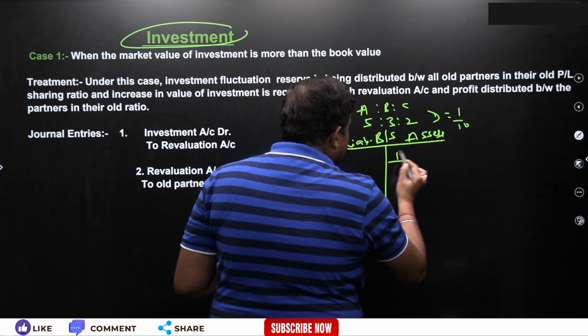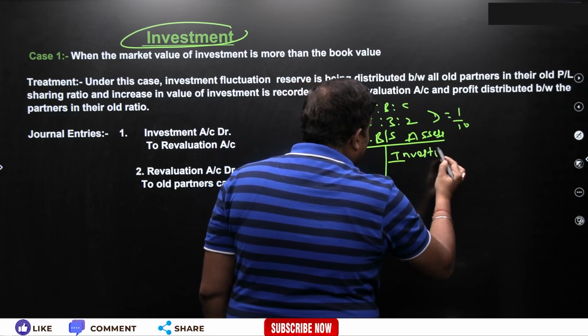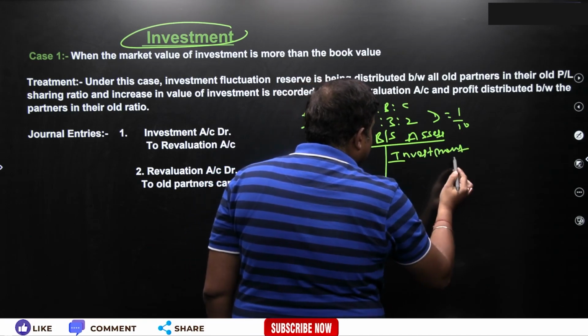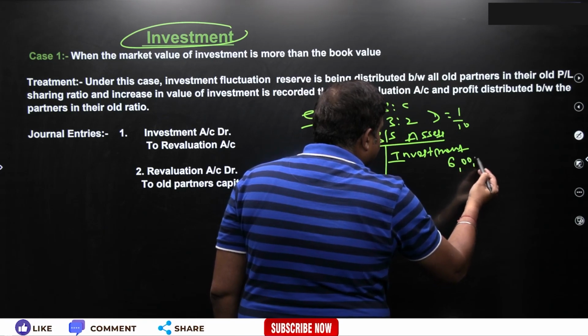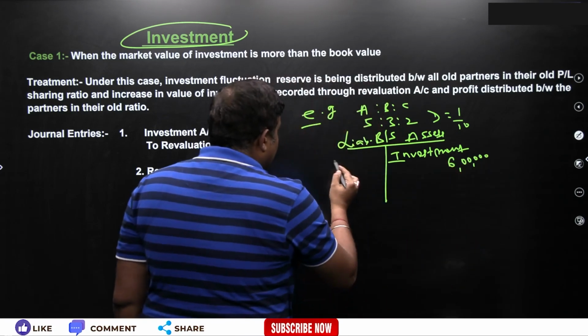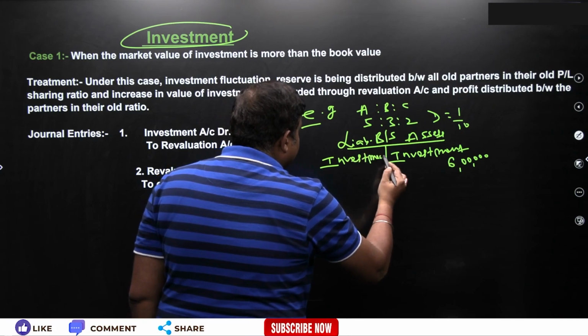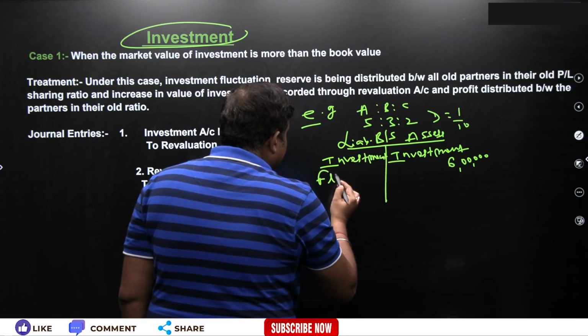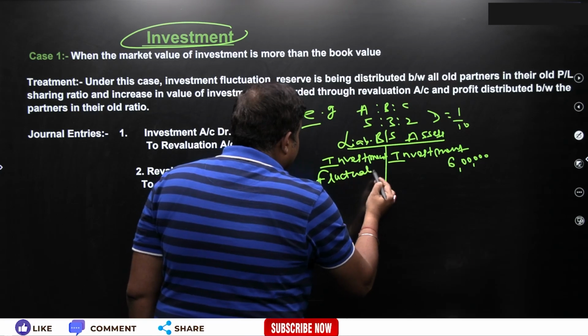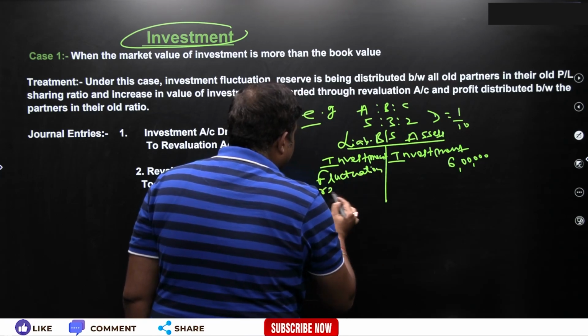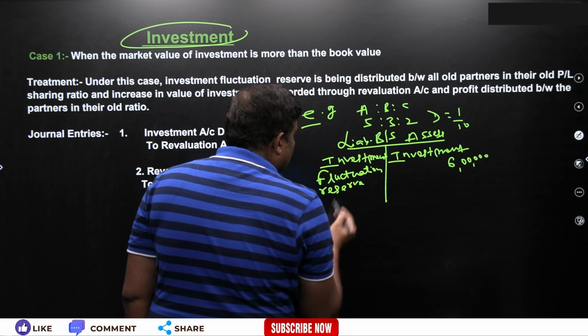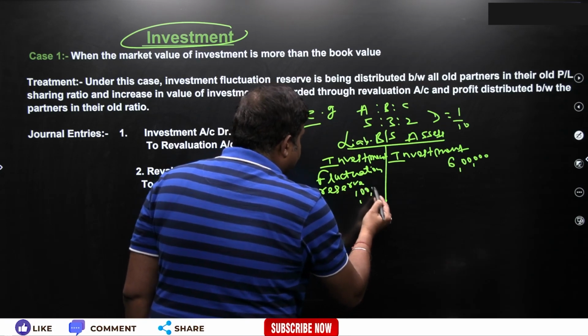On the asset side, they have given you investment of, say, 6 lakh, and investment fluctuation reserve on the liability side, say 1 lakh.